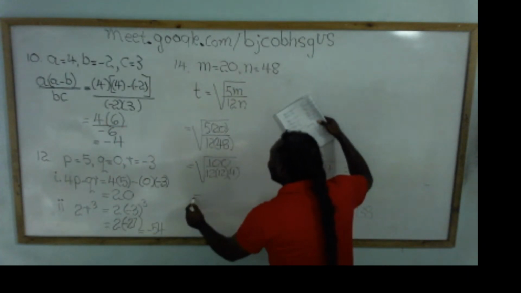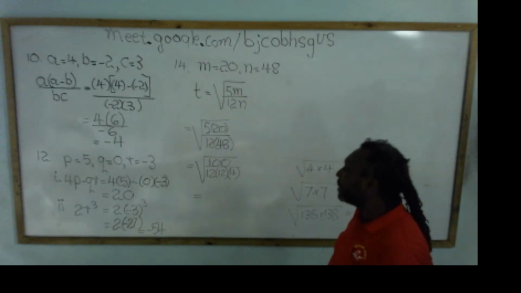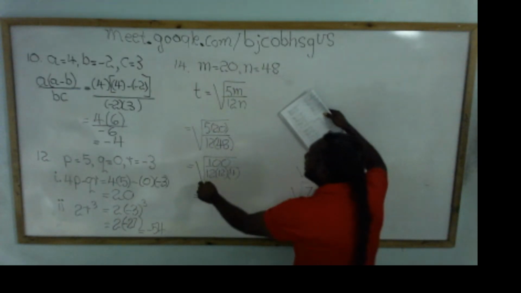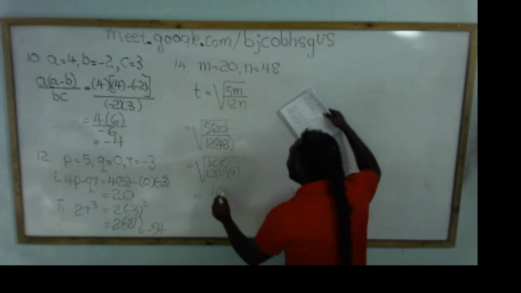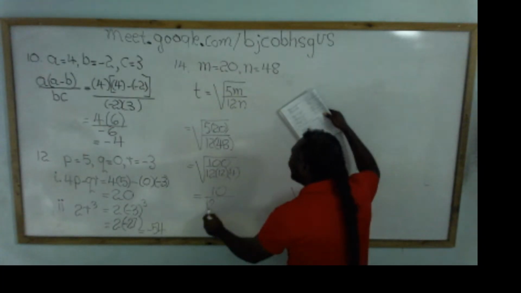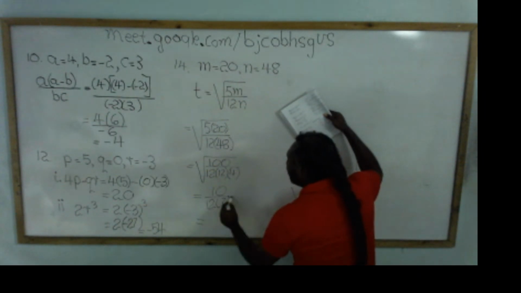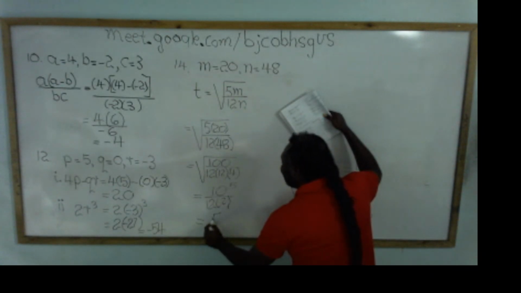So when you're going to write that again, you're not going to write it with the square root sign, because the square root of 100 is 10. The square root of 12 times 12 is 12. And you know the square root of 4 is 2. And you can simplify that. 2 into 2 is 1, and 2 into 10 is 5. So that is just simple 5 over 12. And that's your final answer.